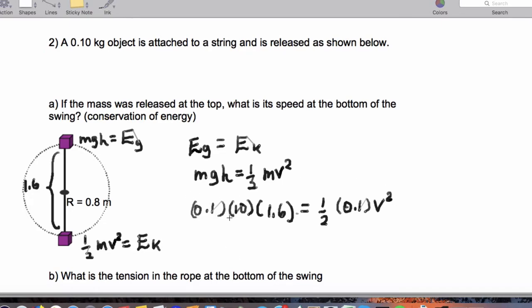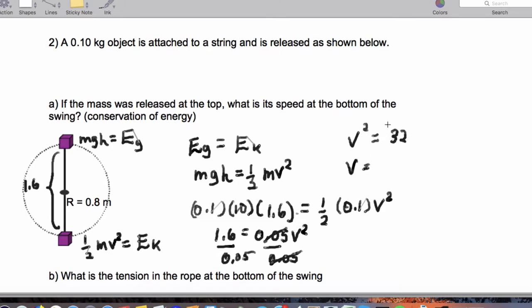And we'll do some simplification here. So we will end up getting 1.6 equals 0.05 v squared. We'll divide by 0.05. And when we actually isolate v, we'll get v squared equals 32.